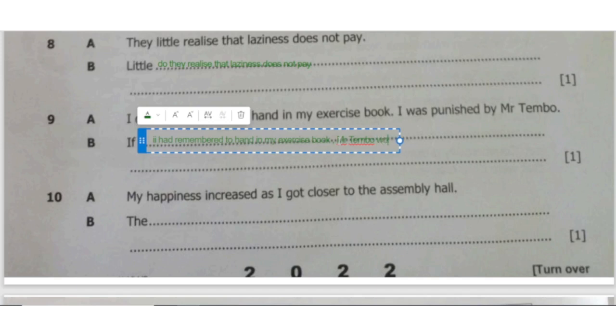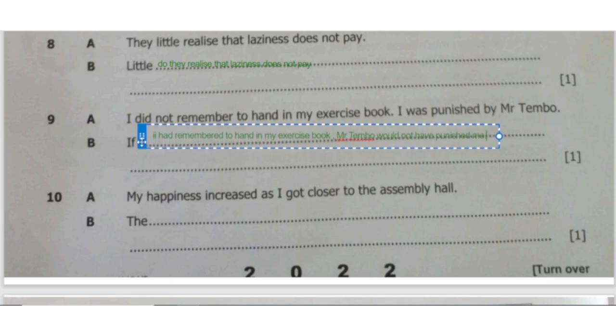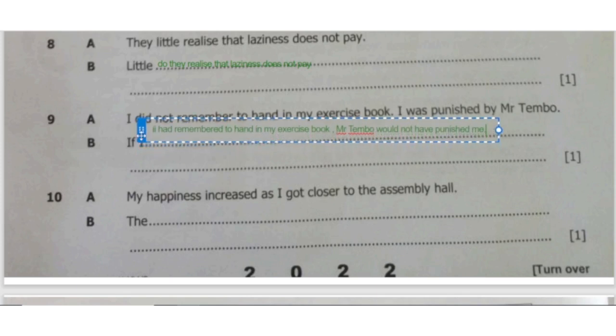would not have punished me. So he was punished for not handing in the exercise book. So for not handing in the exercise book, Mr. Tembo punished.